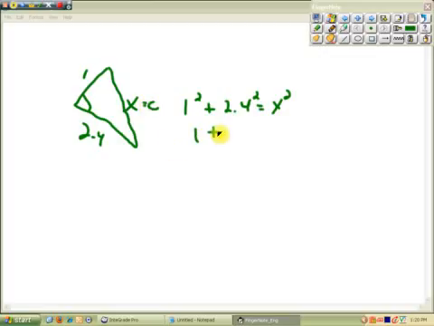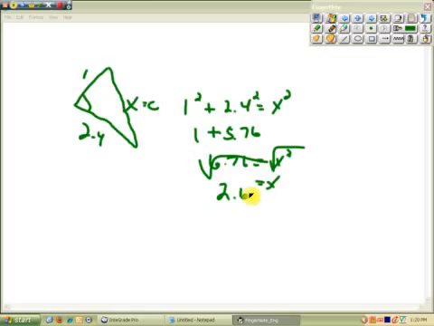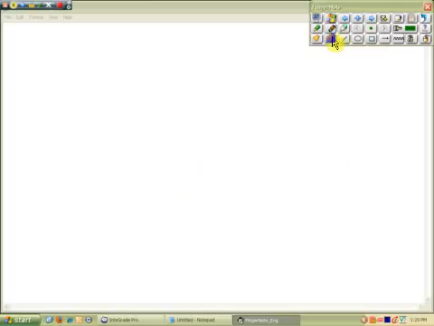So we have 1 plus 5.76, which is 6.76, equals x squared. Take the square root. Our answer is x equals 2.6, which is answer B on the test. Remember, whenever you have a right triangle and you have two sides given, you can always find the third side by using the Pythagorean theorem.